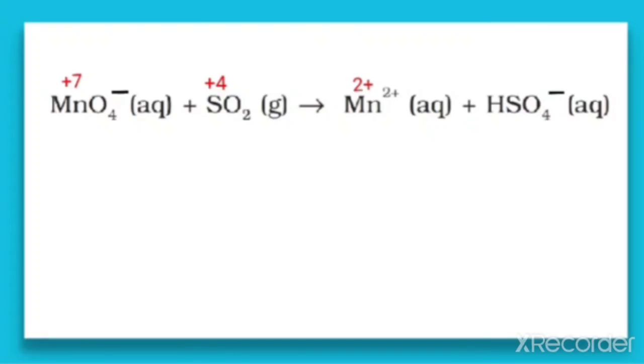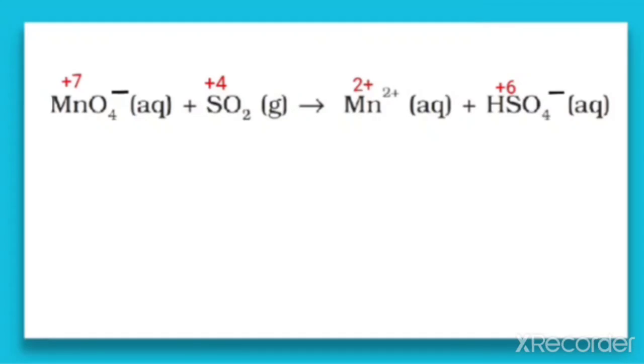Next, the oxidation state of sulfur in HSO4 negative, when you find it using the X method, is +6. That is the second step: write down the oxidation number for each element in the reaction.